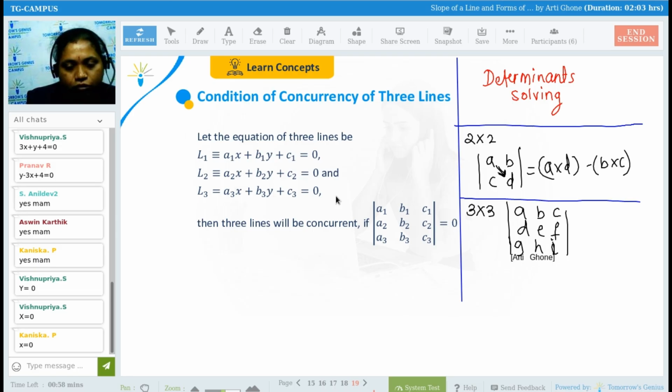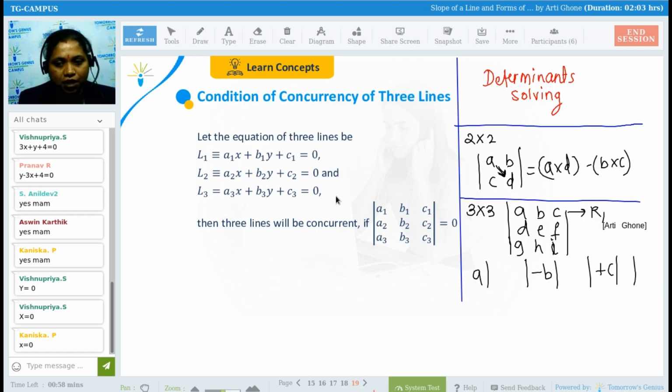Pay attention to how we are going to solve. First take element A, minus take element B, and plus take element C. Why? Because this is row 1, just the row 1 elements. Clear? How to solve? A multiplied with a determinant. Now eliminate the row and column of A. If I eliminate the row and column of A, the determinant is E, F, H, I. Solve it with the 2 by 2 procedure.